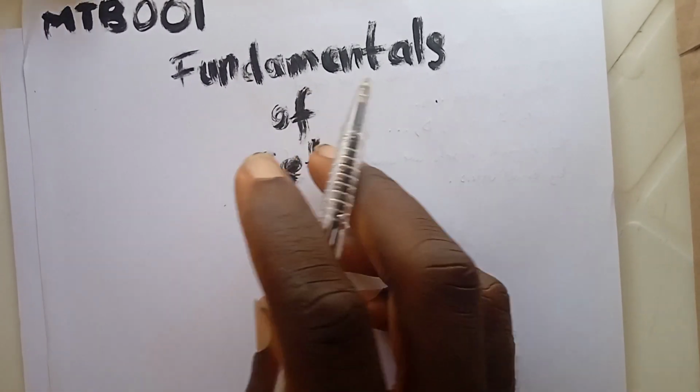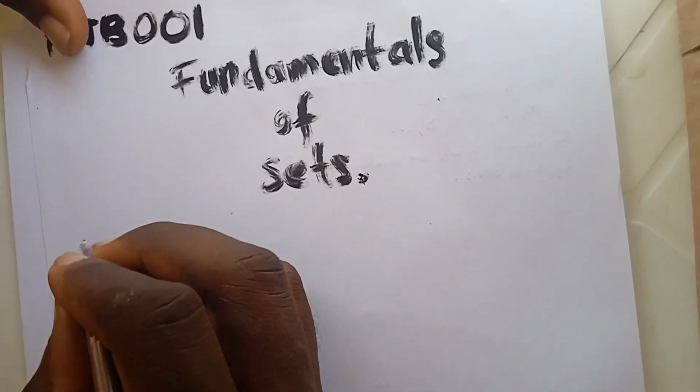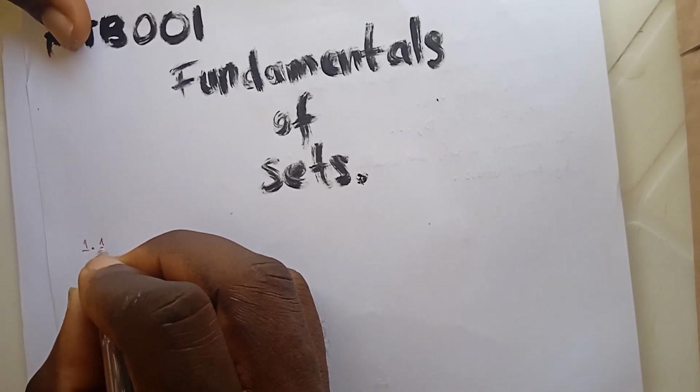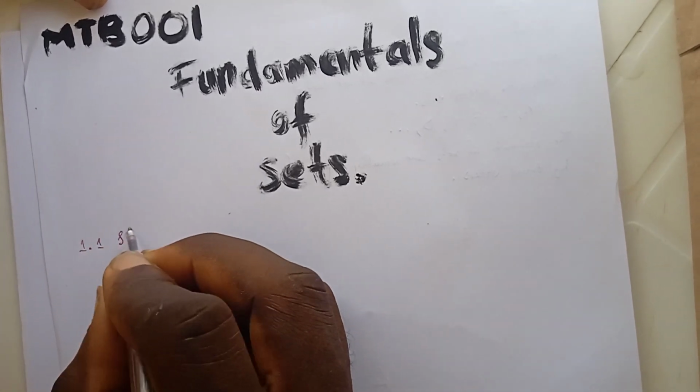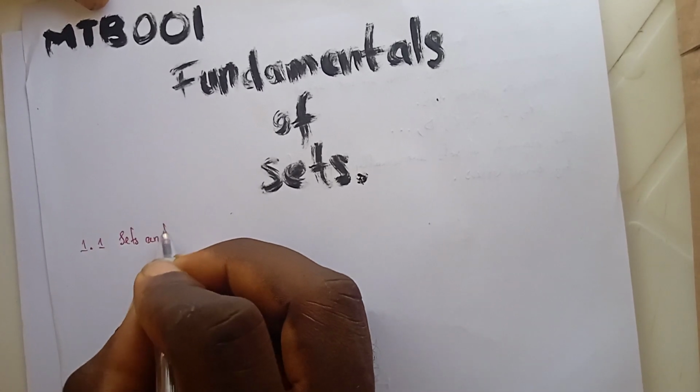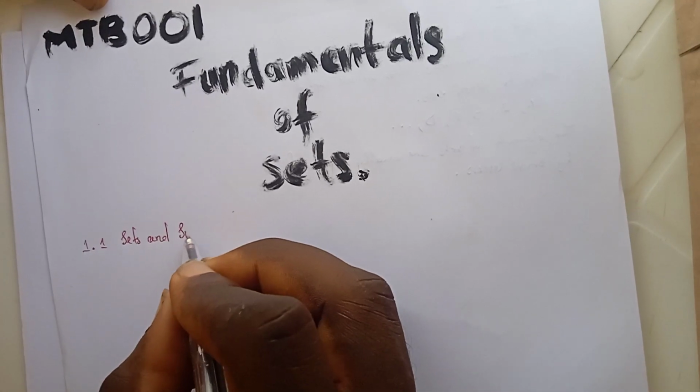So we'll kick off with 1.1, which is sets and subsets. Sets in general and subsets.